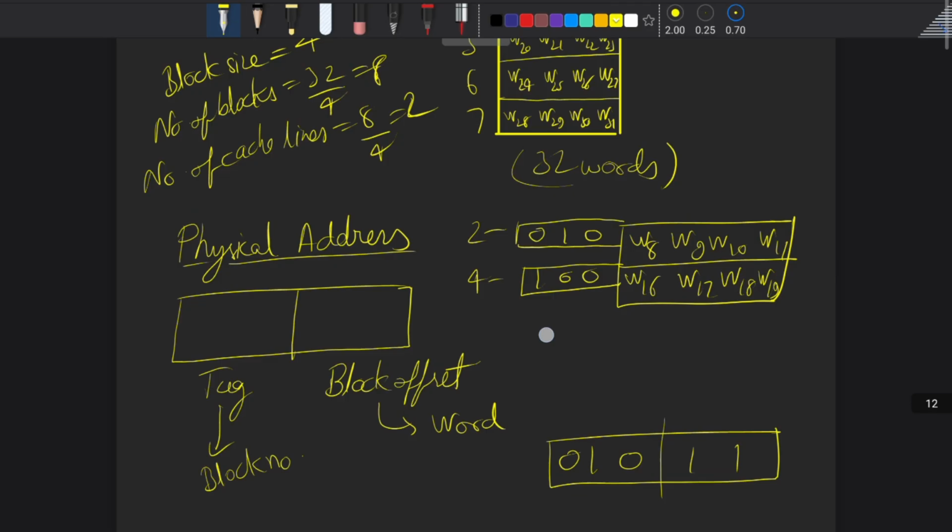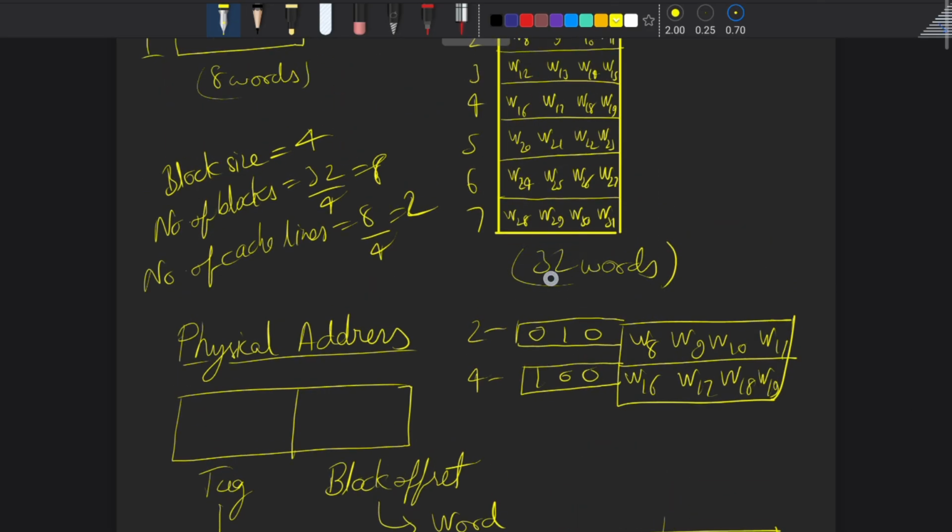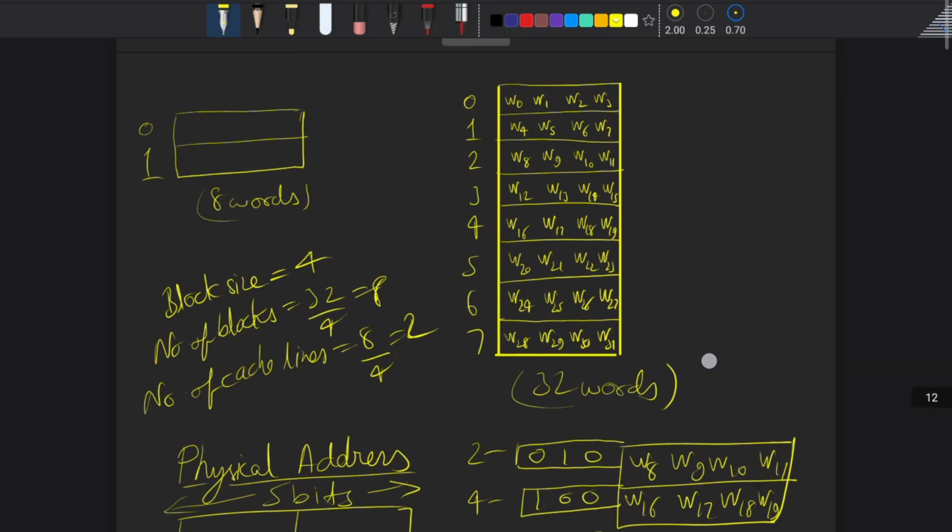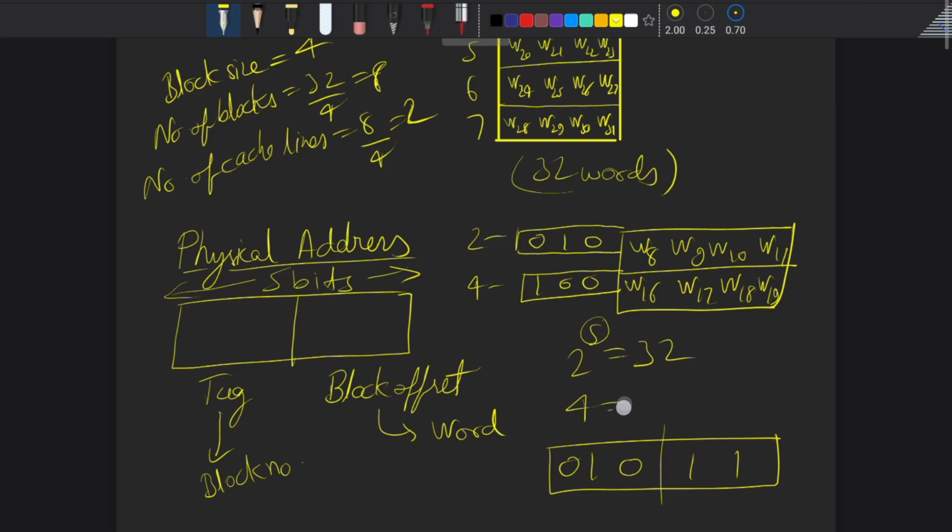We can calculate this simply: as we have 32 words, the total size of the physical address is 5 bits. The block offset determines the word and each block has 4 words. 4 is equal to 2 to the power 2, so it can be represented by 2 bits. The remaining bits belong to the tag.